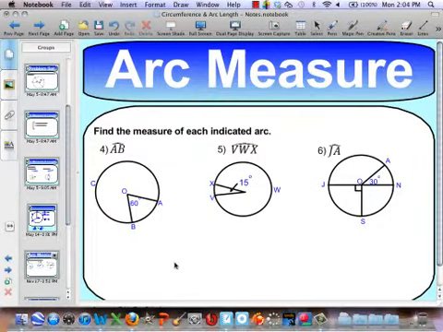Arc length. Alright, so here we go, guys. We're going to take some very basic steps here. On number 4, all I want you to do is tell me the measure of each arc. Alright, Bree. What is the measure of arc AB?